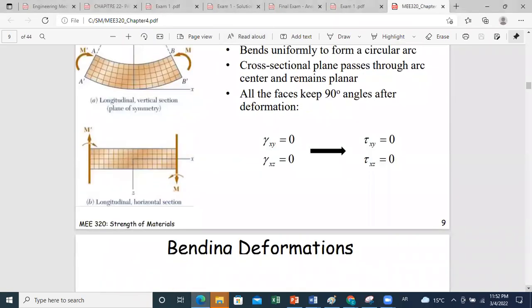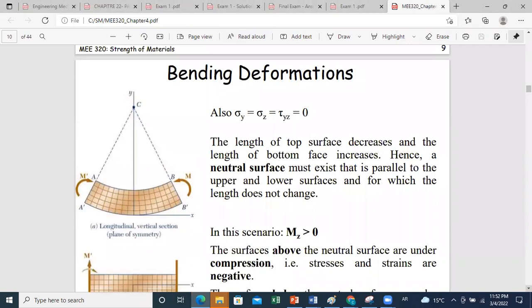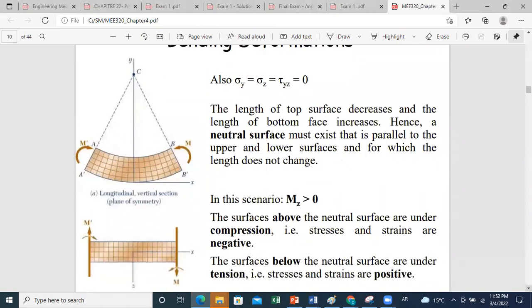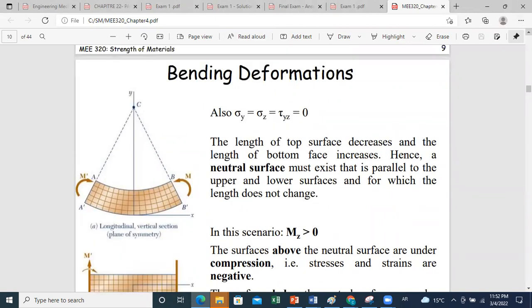Now, if you continue the analysis of pure bending, we already said that there is no development of shear stresses, and we just have development of normal stresses that are perpendicular to the section. So there is no sigma y or sigma z.